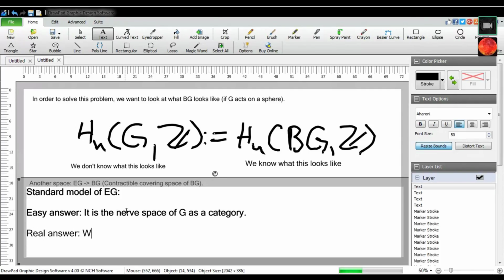We build a simplicial complex inductively. So we're going to write X0 as just G as a set, and we're going to define X1 as G squared as a set, and so on.